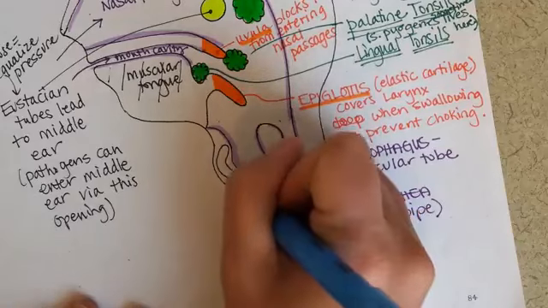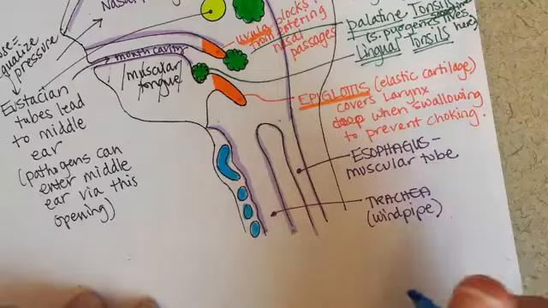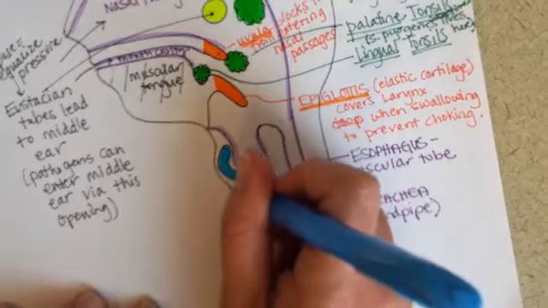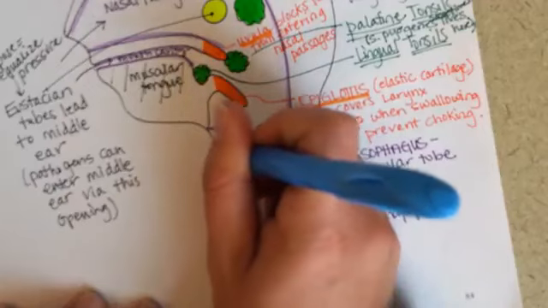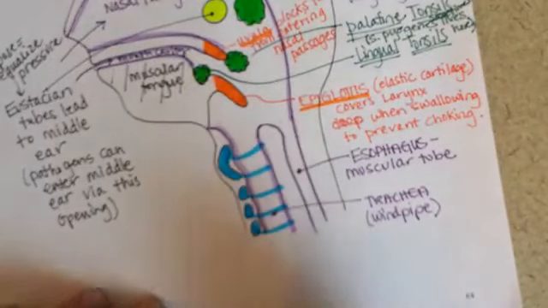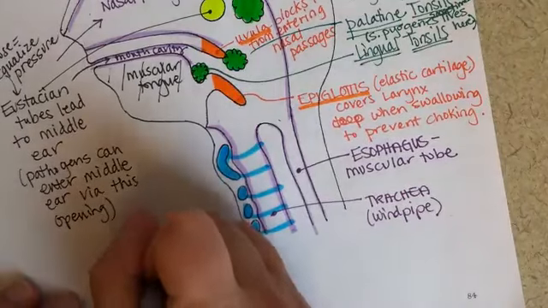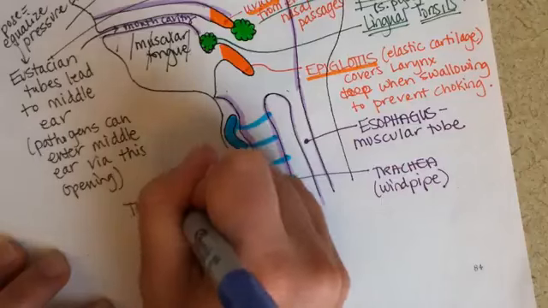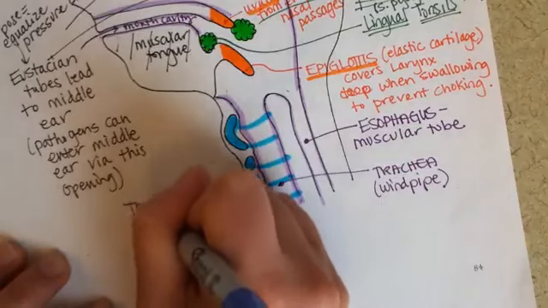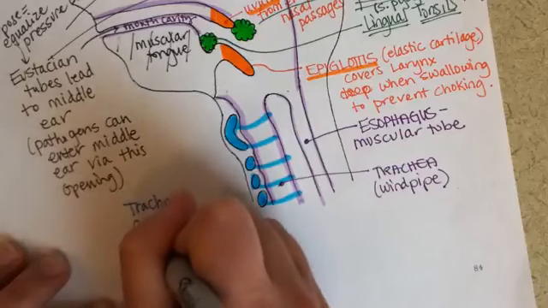From the side view, it might look kind of like this, and you've got the Adam's apple, which is a particularly big piece, but it kind of protects around the front like this. And the tracheal cartilages are made of hyaline.